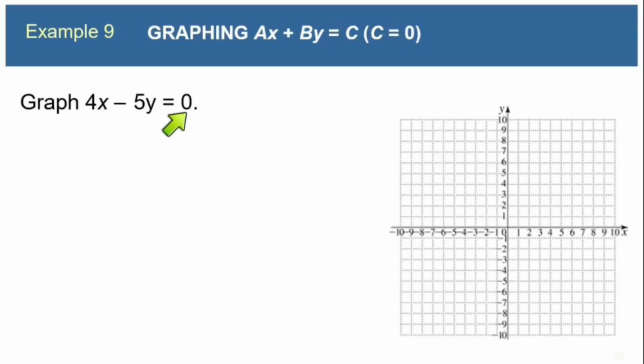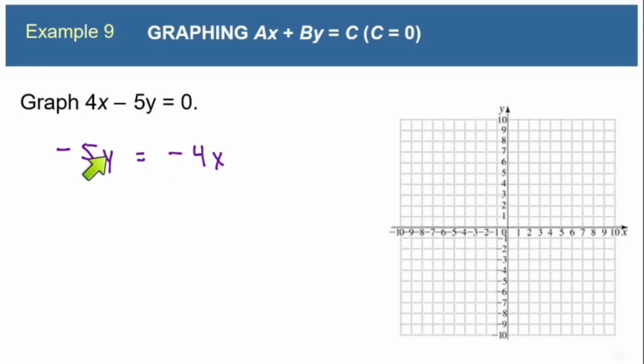So here you can see that we have 4x minus 5y equals 0. Because this is a standard form equation and the right side is 0, I already know that the y-intercept and the x-intercept both are going to be 0. So what I'm going to do is put this line in slope-intercept form. In other words, I'm going to isolate the y. So I'll start by moving the x term to the right side, and that will give us negative 5y equals negative 4x.